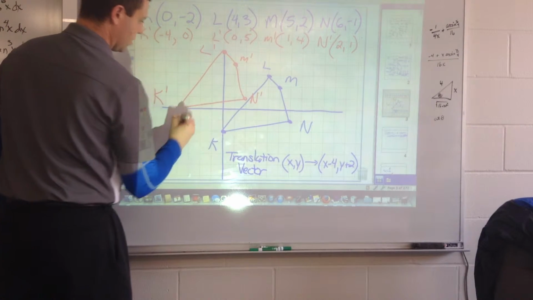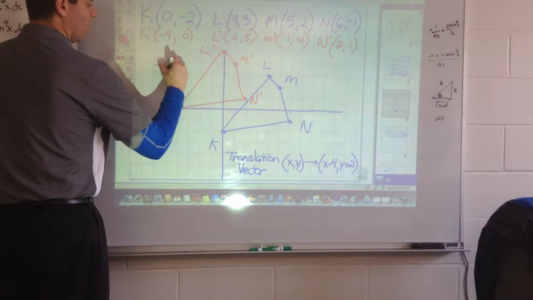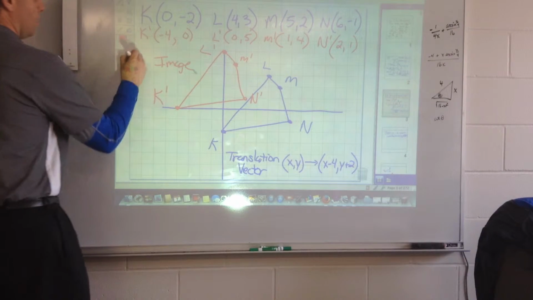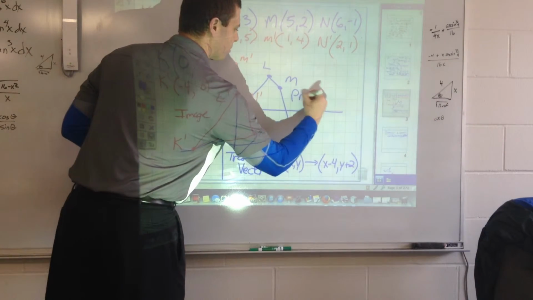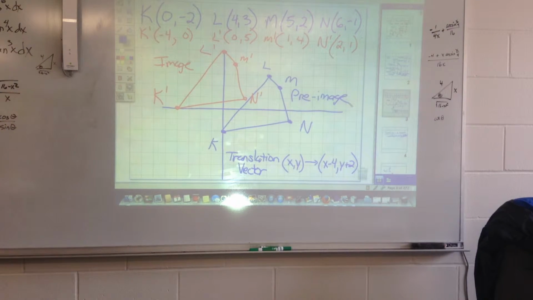So when we do this on a test, do you want us to write out the new coordinates? I'll ask specifically for you either to write out the new coordinates or to graph the new coordinates, or both potentially. But be able to do both.